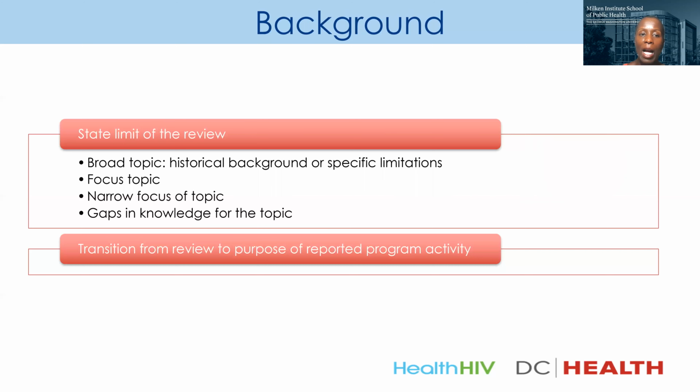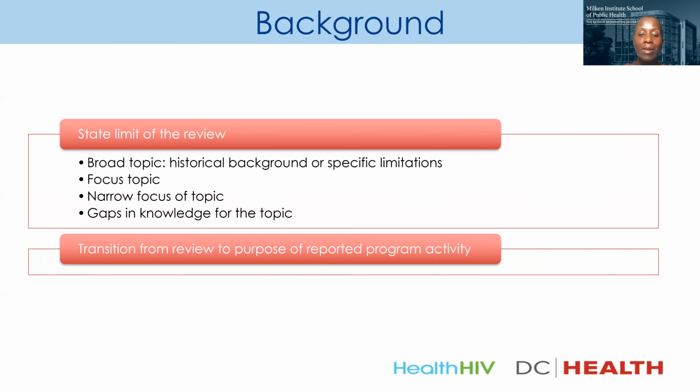So the background is stating the limit of the review. It's typically a broad topic with a historical background and or specific limitations. What we have is the issue or the challenge of HIV in a particular community.